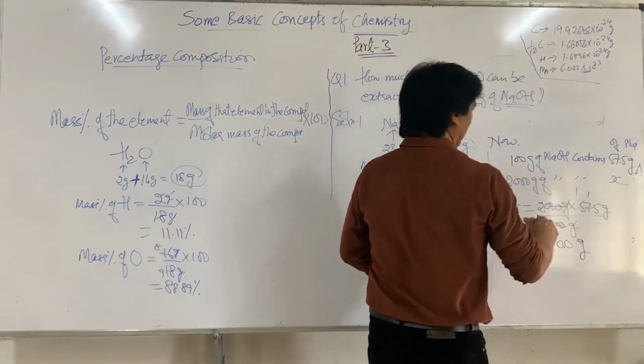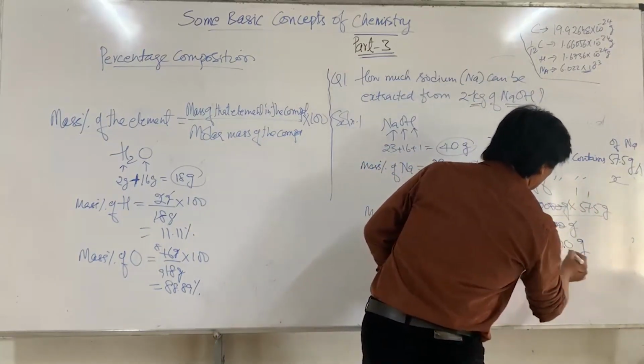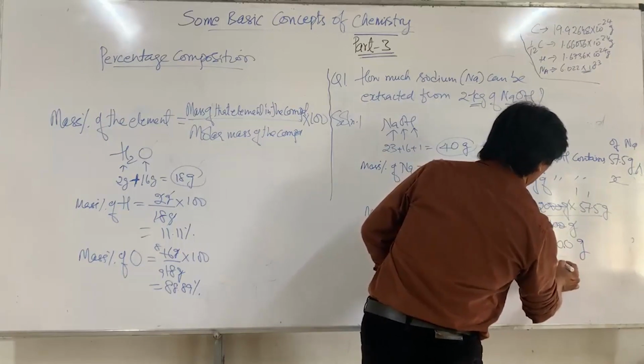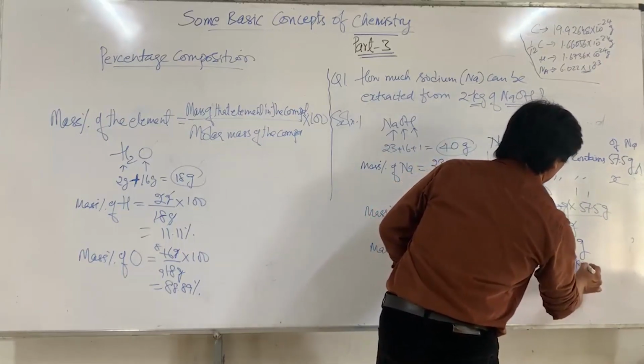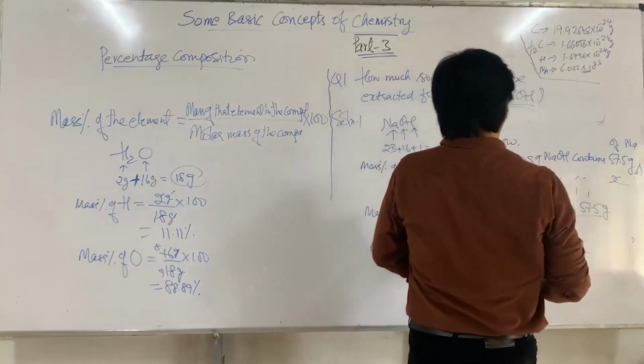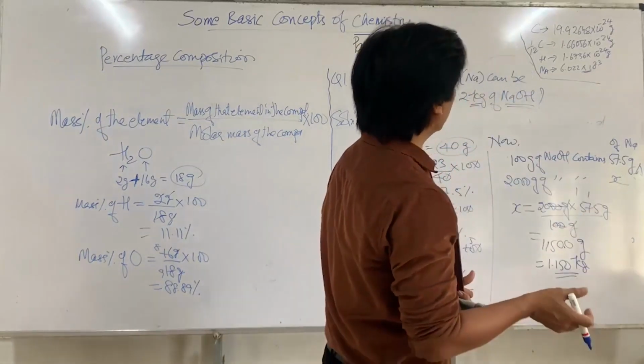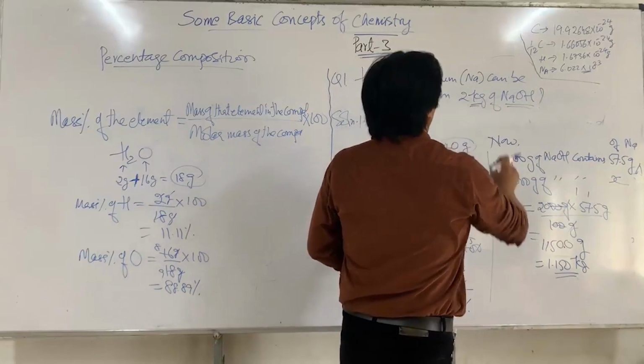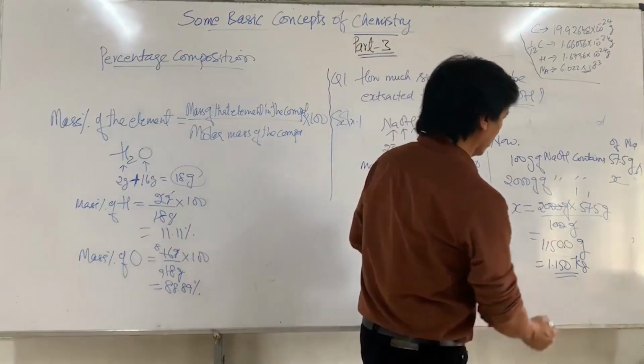When you write this in kilograms, you divide by 1000, it is 1.150 kg. So this is the amount of sodium that can be extracted from 2 kg of sodium hydroxide. That's it.